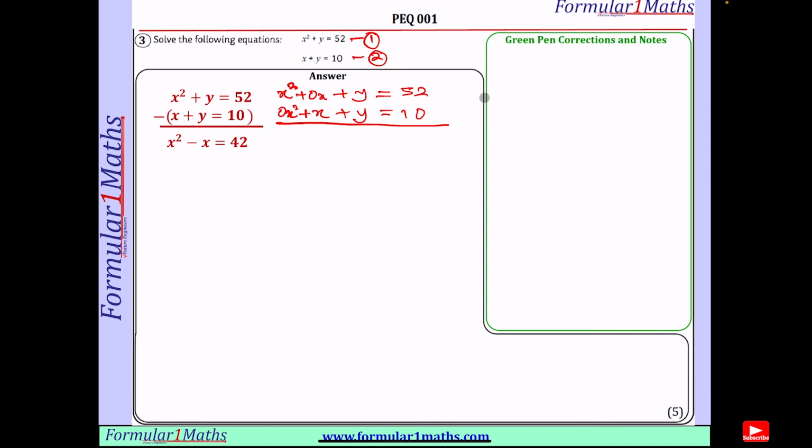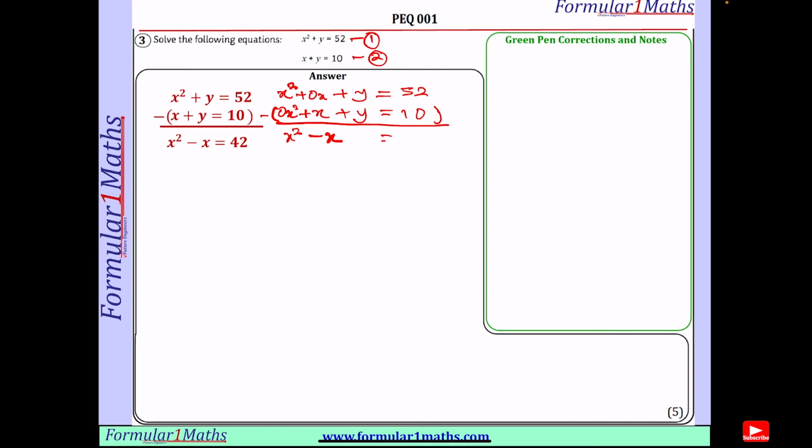If I do my subtraction, x squared minus 0x squared will give us x squared. Then 0x minus x will give us minus x. Y minus y will give us nothing, so I don't write anything.